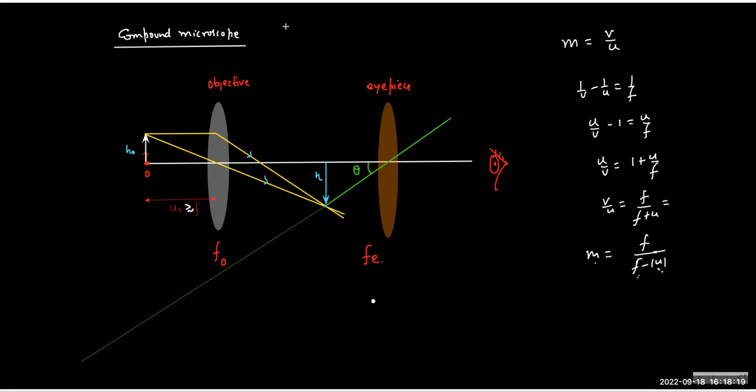Okay, we'll just extend. Why? Because we know that we are going to get the virtual image as a magnified image. So our next goal is to achieve the virtual image. So what is the condition for virtual image? The position of the first image must be within the focal length of the eyepiece, isn't it? I mean, somehow this should occur. I don't know how, but somehow.